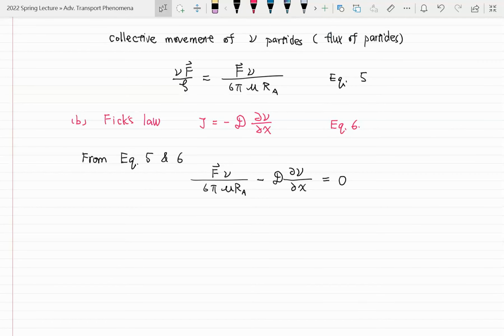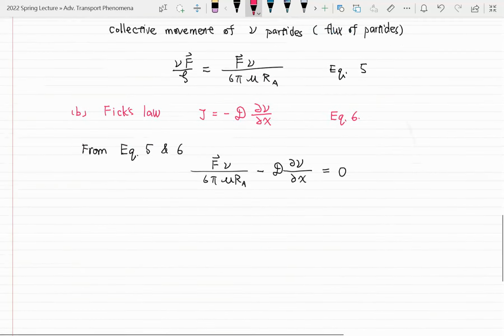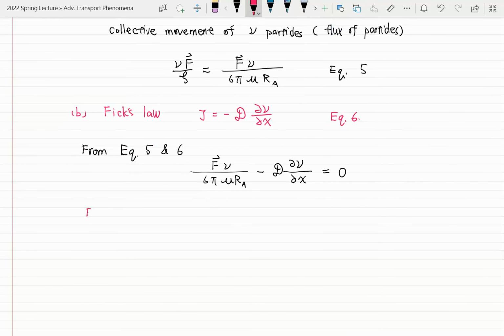And remember, from equation 4, the product between the force and the number density equals the Boltzmann constant times temperature times partial nu partial x.